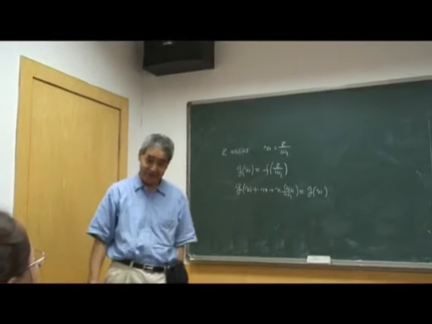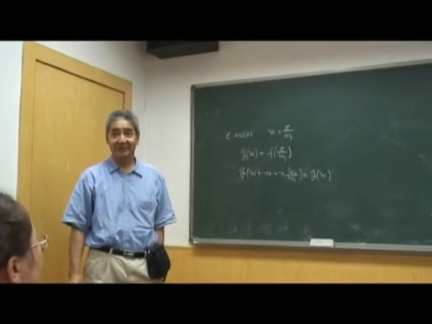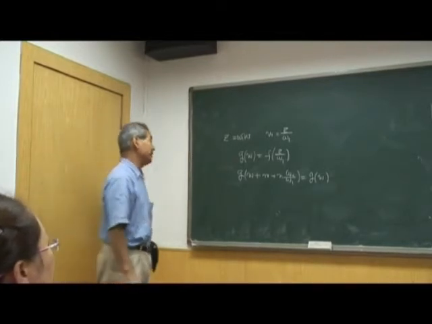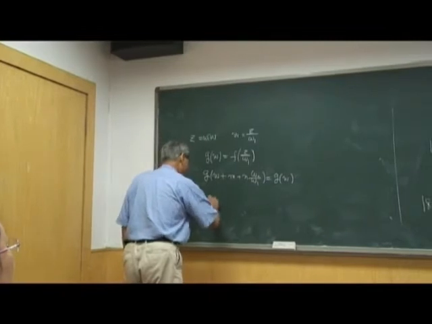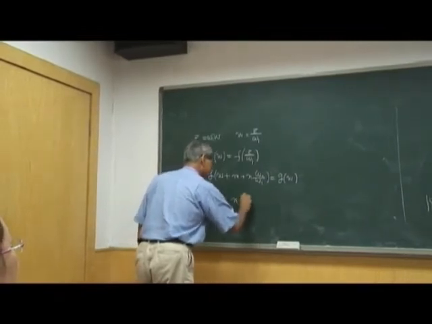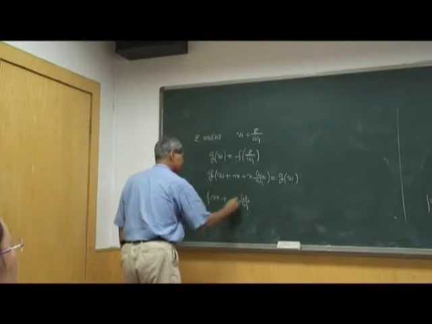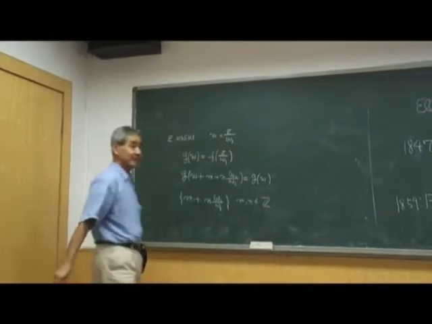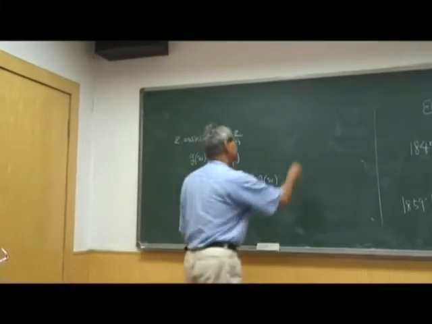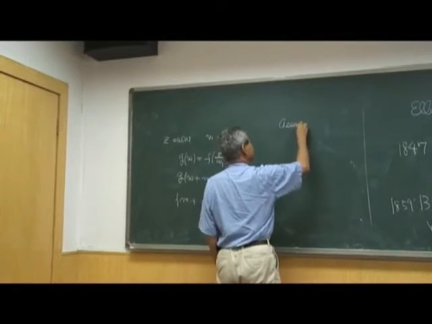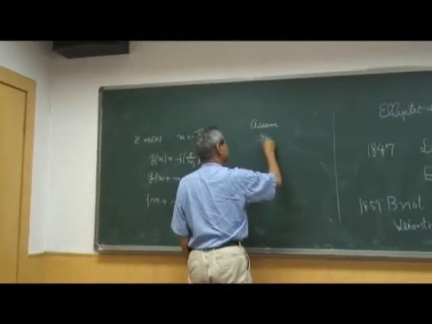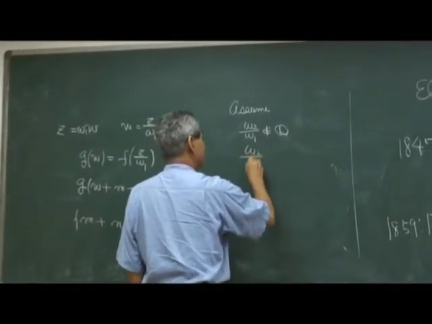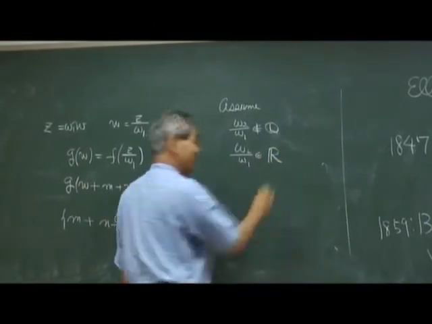You can rewrite in this way, just changing the variable. Therefore, I'm interested in all numbers given by this m and n. Okay? And assume that it is not a rational number, but it's real. What happens?